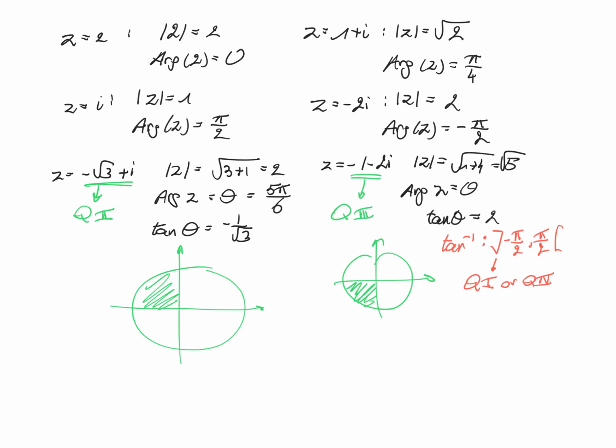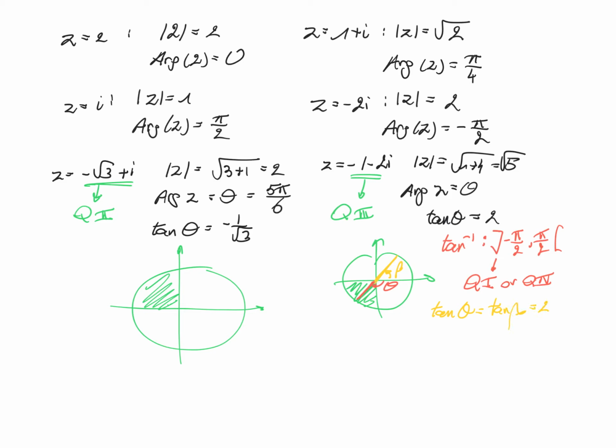We know that my angle theta will be somewhere here, so this will be theta. We know that for theta, the tangent of theta is 2. The other angle for which the tangent is 2 is this angle. So it's the angle in the first quadrant. Let's call it beta. Then we know that the tangent of theta is equal to the tangent of beta, which is 2.